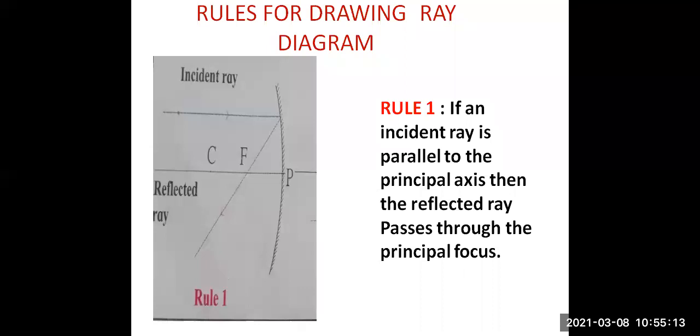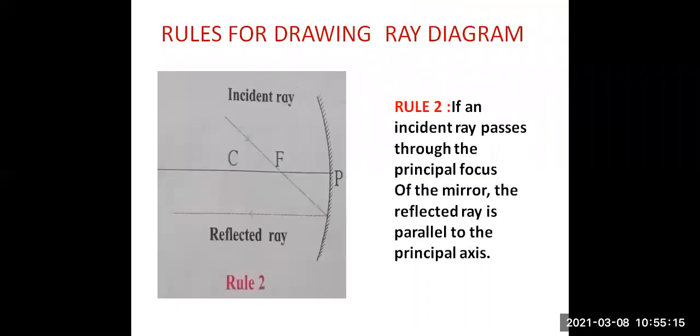We will go towards our next rule, which is rule 2. If an incident ray passes through the principal focus of the mirror, the reflected ray is parallel to the principal axis. Now again coming towards the diagram, you can see CFP. C stands for center of curvature, F stands for principal focus, and P stands for pole of the mirror.